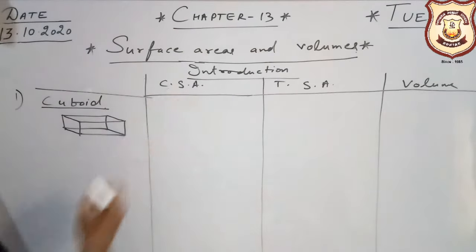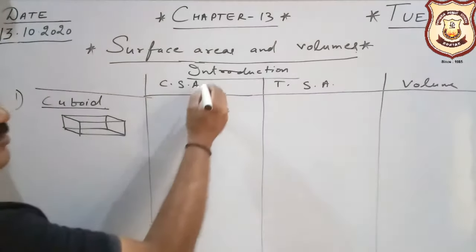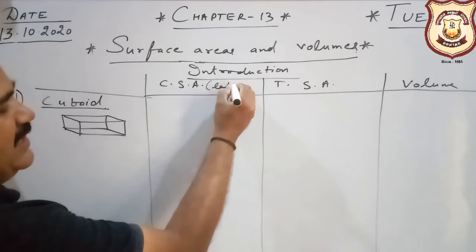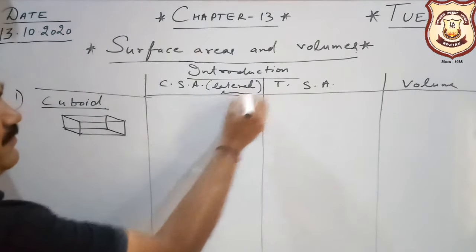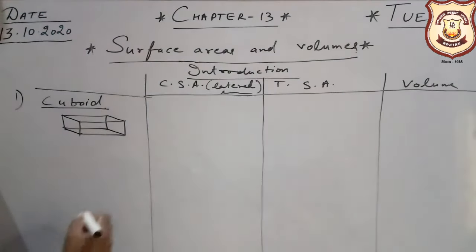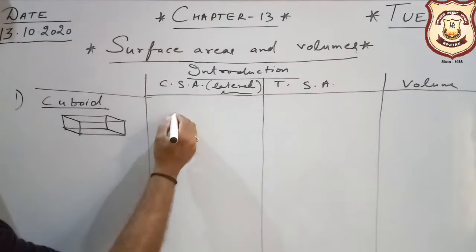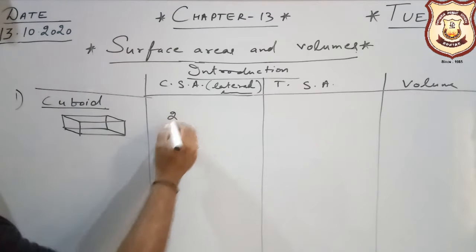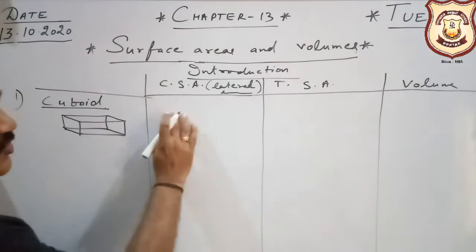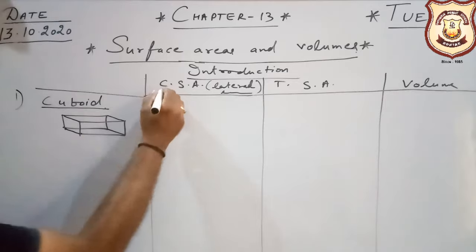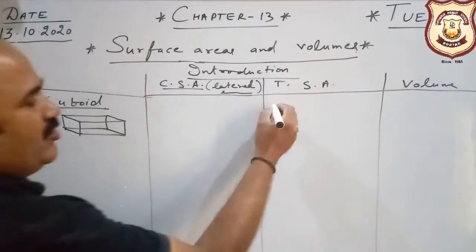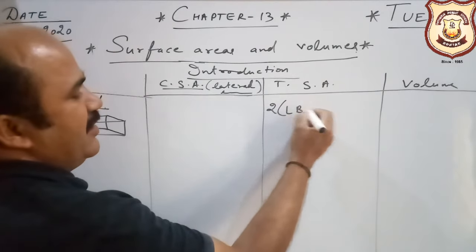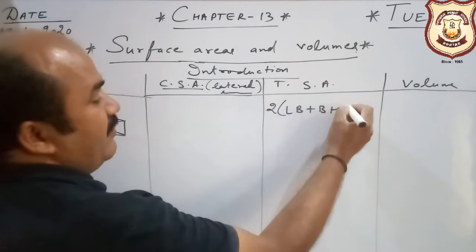CSA means curved surface area, or you can say lateral surface area. Lateral surface area is what? Here I am also explaining CSA. First, TSA is 2 into (LB plus BH plus HL).